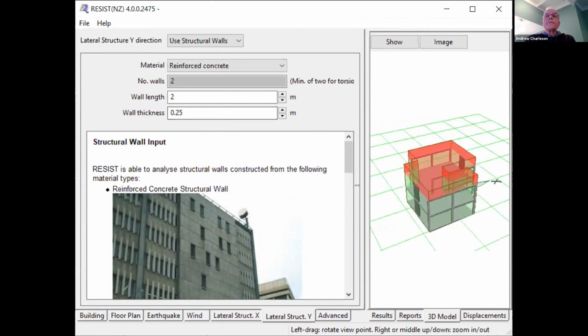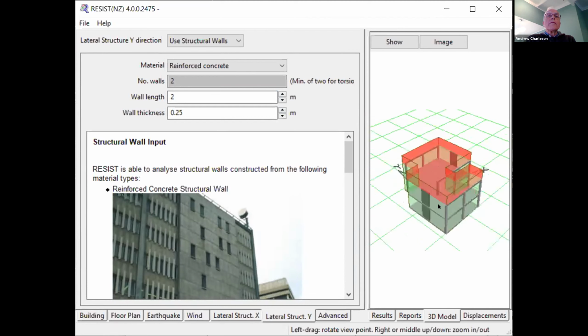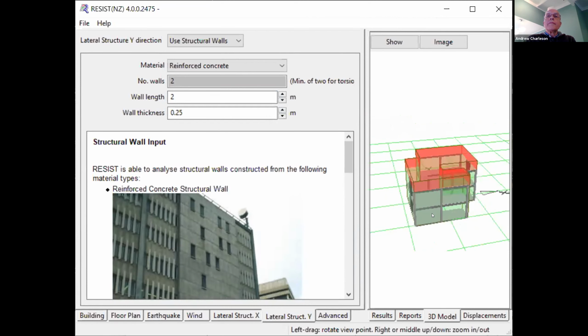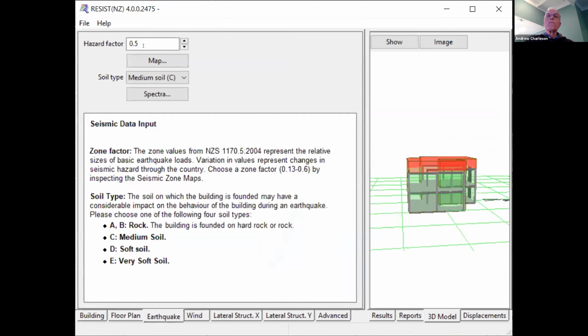So I'm using 2 meters, and the wall thickness is 25 centimeters because I don't want it to be too big for the interior later. And the earthquake, I'm guessing in Bandung, is 0.5 hazard factor, and I'm still not quite sure about the soft soil and the medium soil, but I'm choosing the medium soil for now.